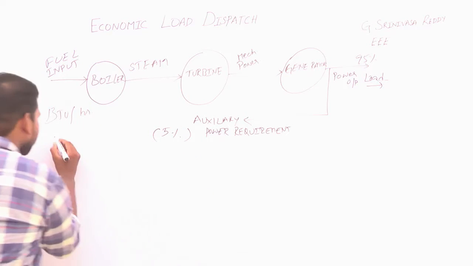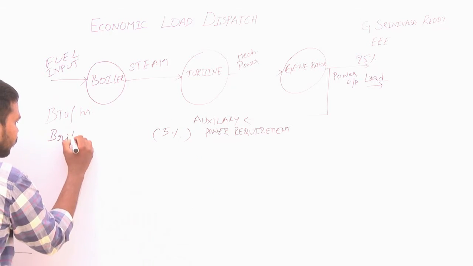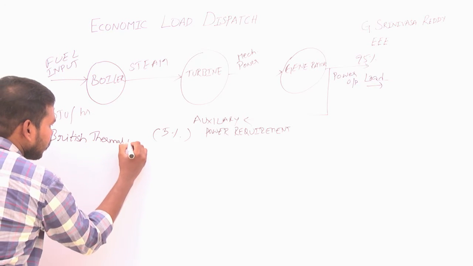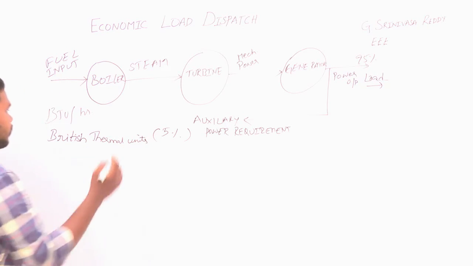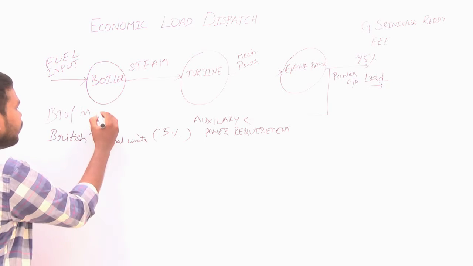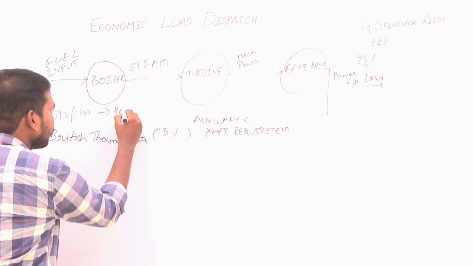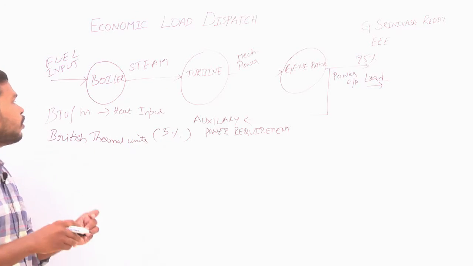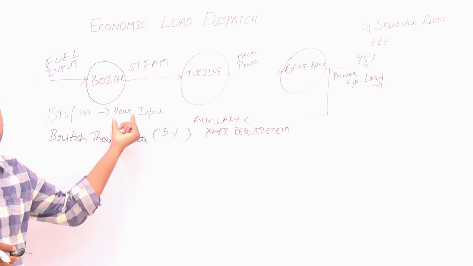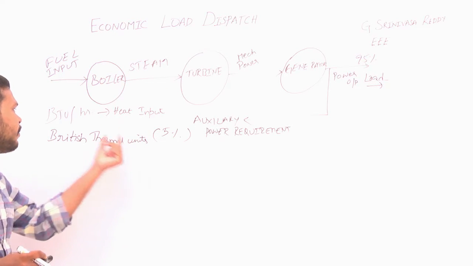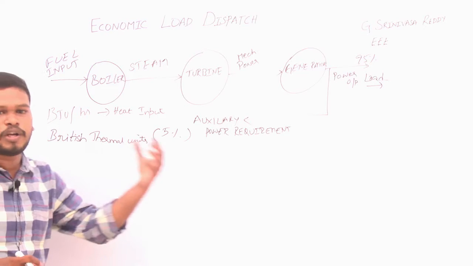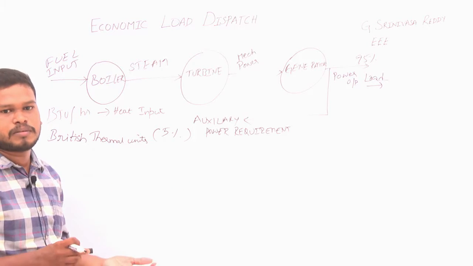That is nothing but British thermal units. If you are talking the fuel input in terms of heat, then it is British thermal unit per hour. Per hour, how much amount of heat you are giving to a thermal power station, right?